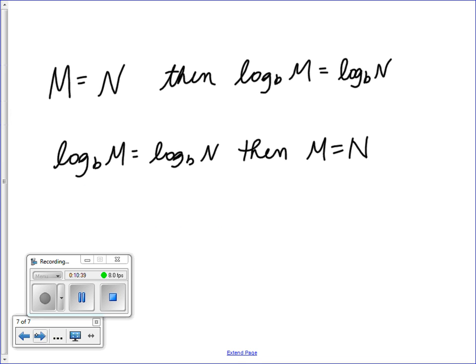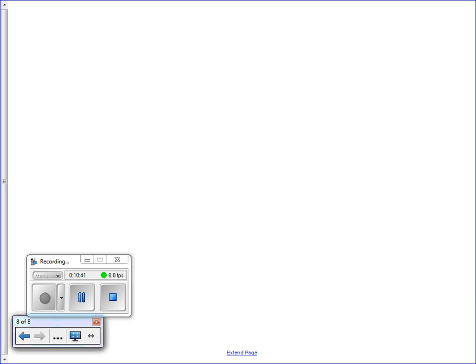Okay, so let's say we have log base 5 of x y squared. We would like to expand this, okay? First of all, the product, that's multiplication. So what can I do to expand the product?